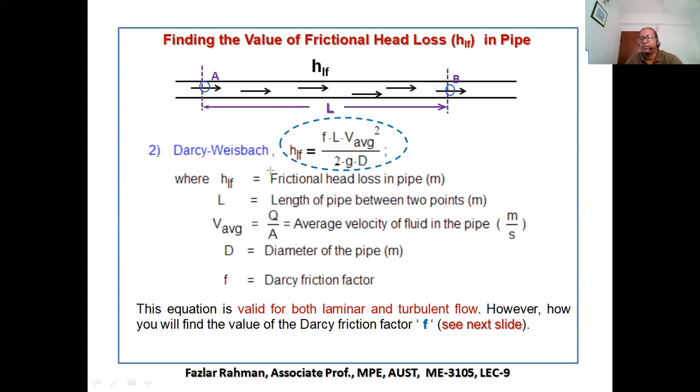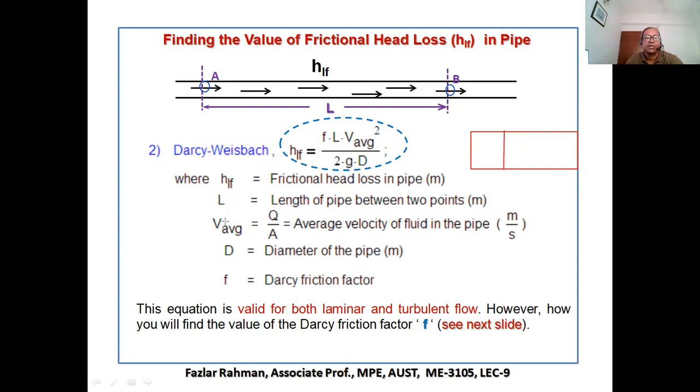Now, what is the V average actually? V average is equal to Q by A. We know that you figure out the velocity by Q by A. But why are we calling it average? For example, if there is a flow inside a pipe, then we think that all the fluid particles are traveling with the same speed.